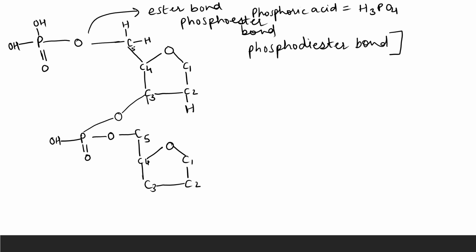Let's see that. It will be something like this. When you join, say, 3 or 4 nucleotides, how does it look?